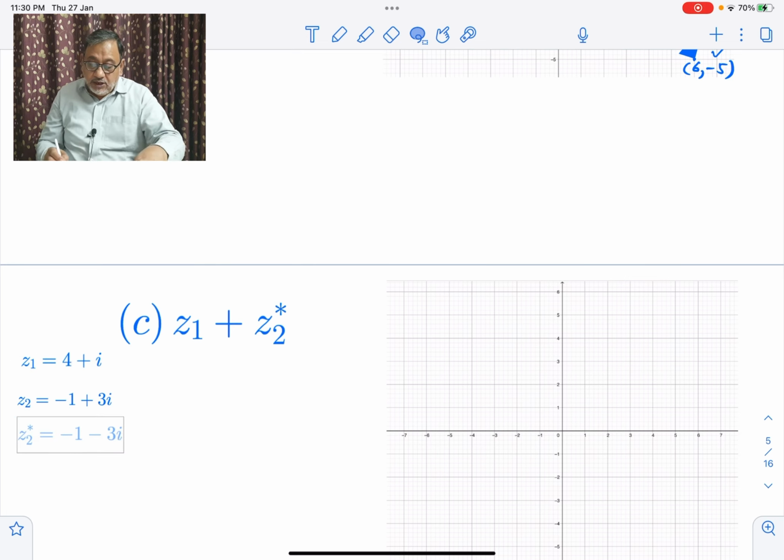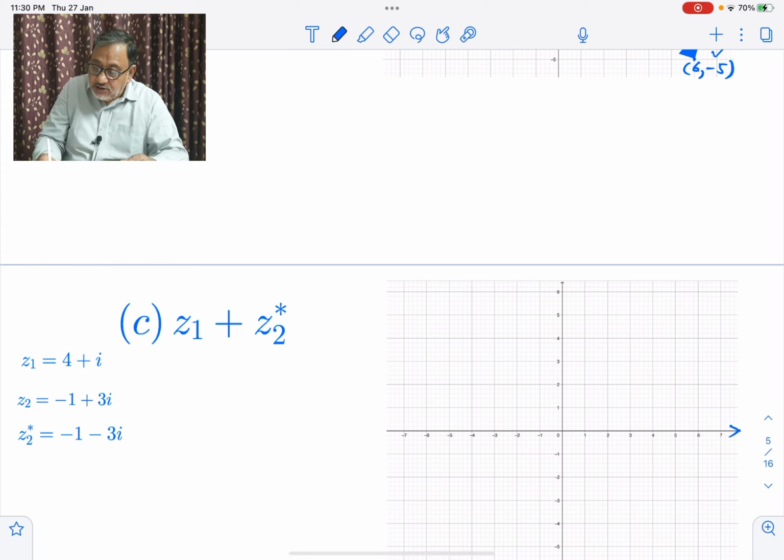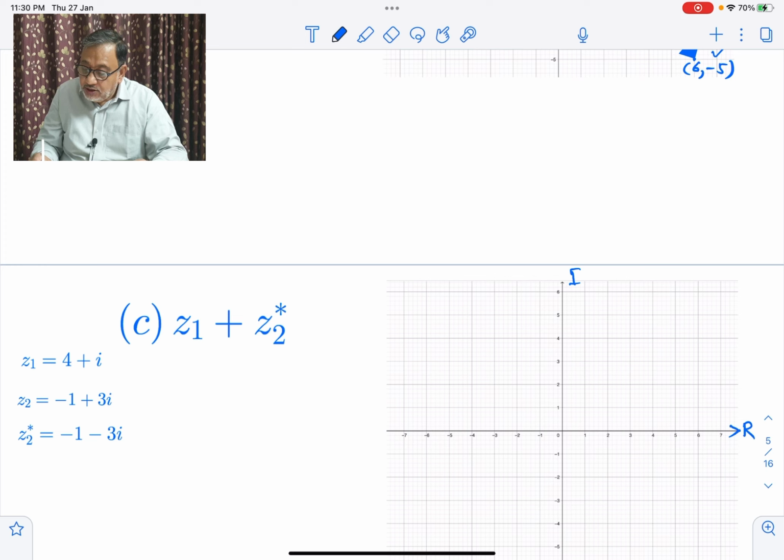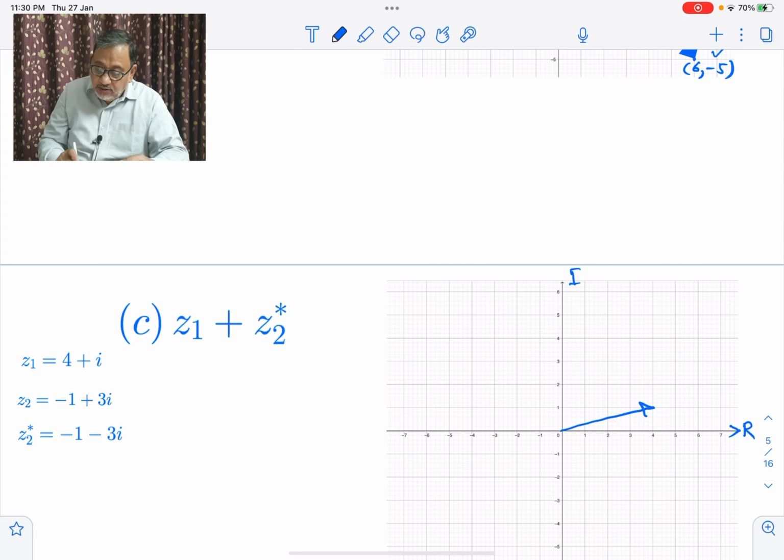Now to represent them, let me first draw z1 on the complex plane. This is the real axis, this is the imaginary axis. Now z1 is 4 plus i, so 4 and 1. It will go there. We have already used it. This is our z1.